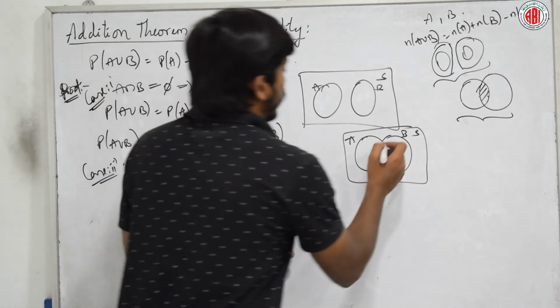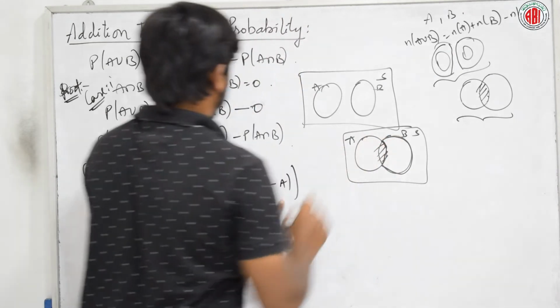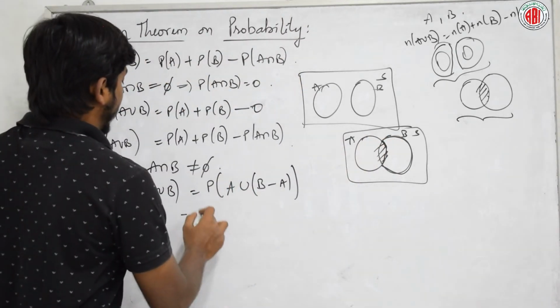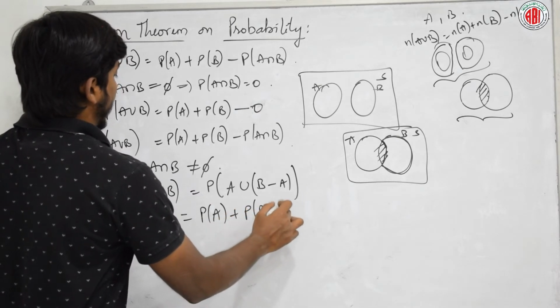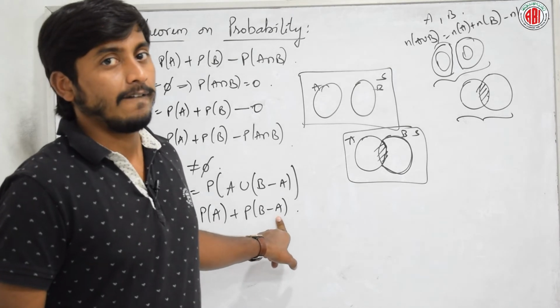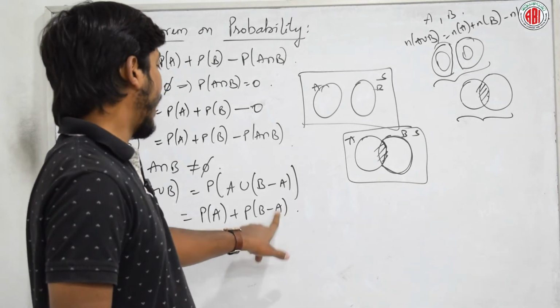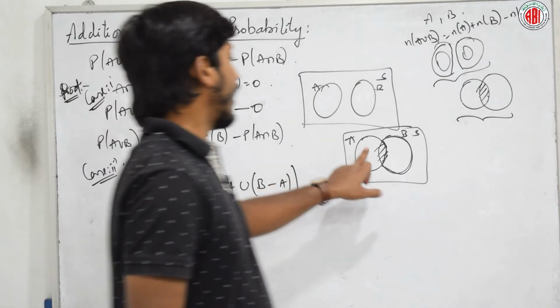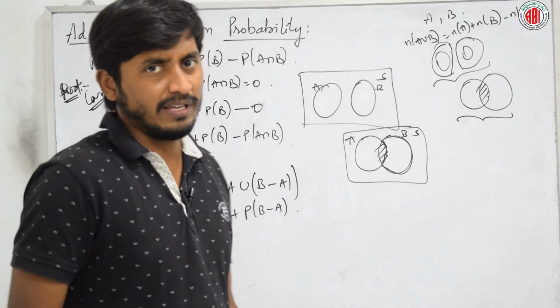Yes or no? So this is my B union A. Let me separate it: P of A plus P of B minus A. Yes. Fine, right? Next, can I write A as A union A intersection B? Obviously.